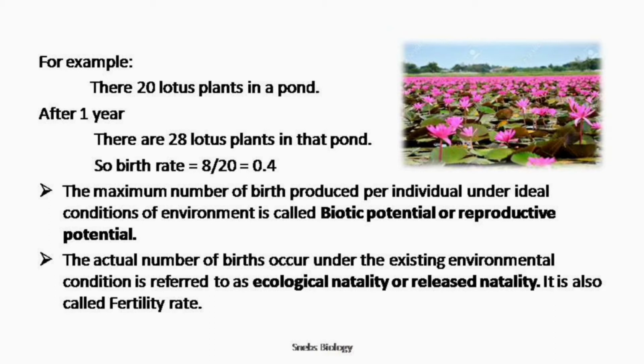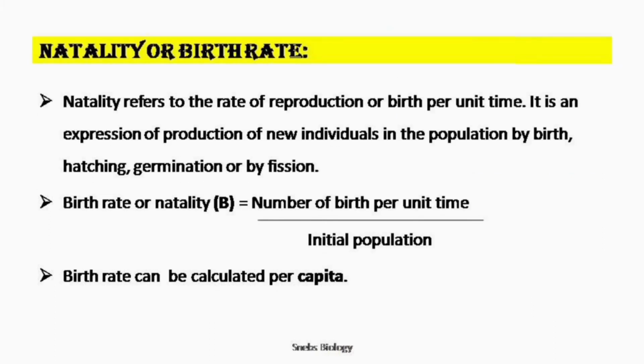So 8 newly added, originally there are 20, so we would get 0.4. So the birth rate or addition rate can be calculated per capita, that means per individual. So this is how we are going to calculate the birth rate or addition rate in a particular population.